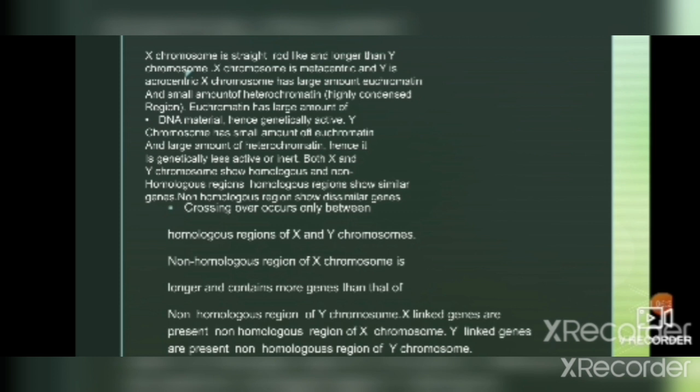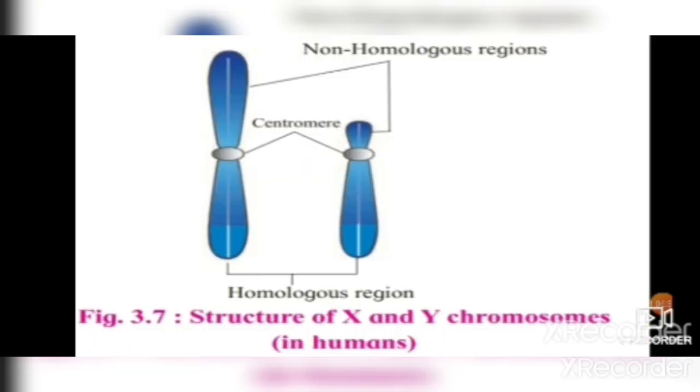X-linked genes are present on the non-homologous region of the X chromosome. Y-linked genes are present on the non-homologous region of the Y chromosome. This is the structure of X and Y chromosomes in humans.